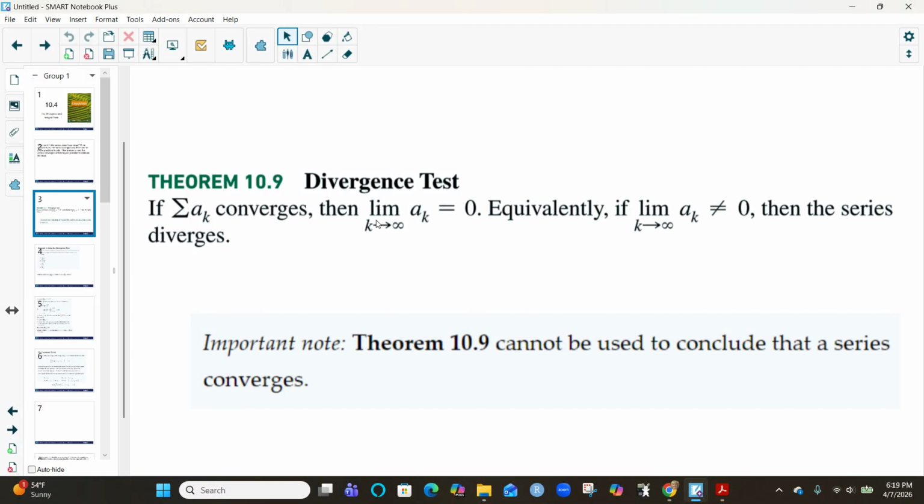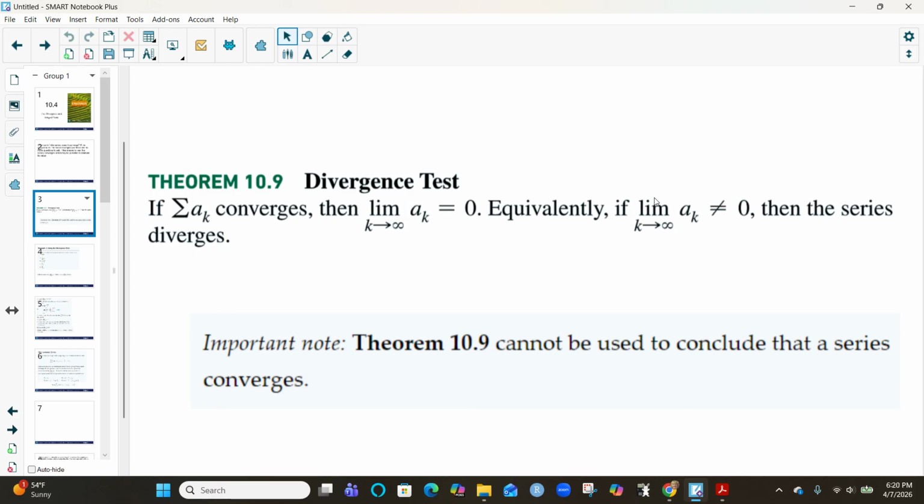You take the limit, and our sheet says n, our book uses k. You take the limit as n or k approaches infinity of the actual expression in the series. And if that limit is 0, then we might be able to say something, we might not be able to say something. But what we do know is that if we know a series converges by another rule, then that limit is going to be 0.